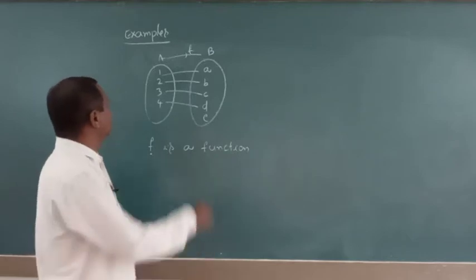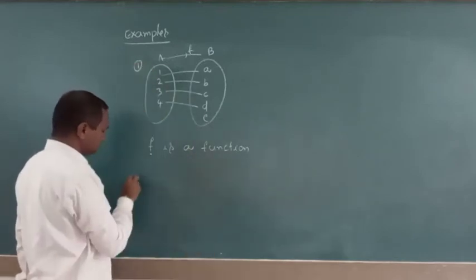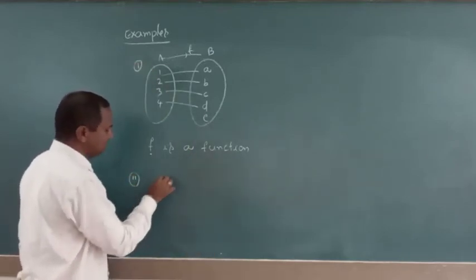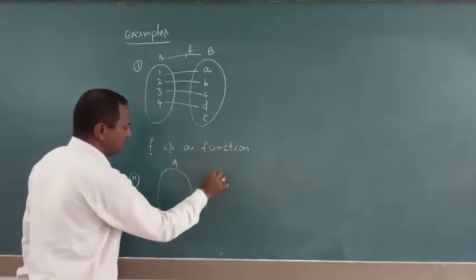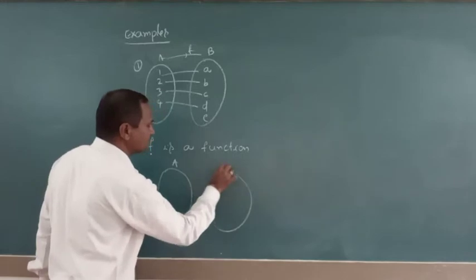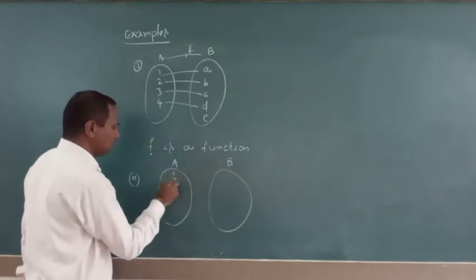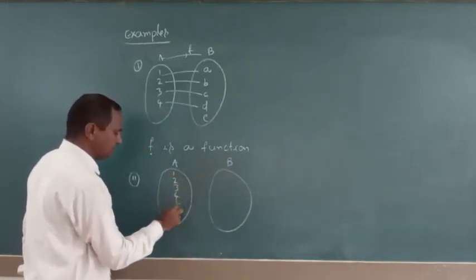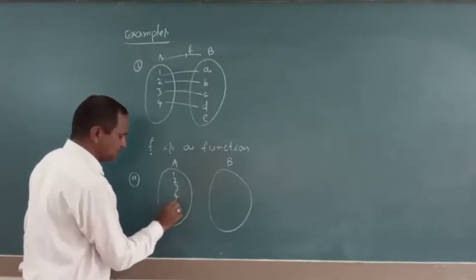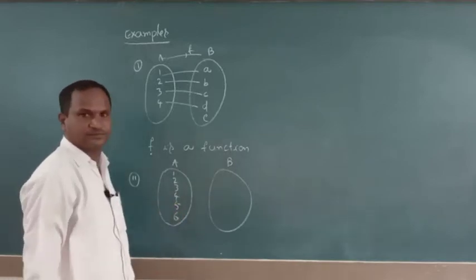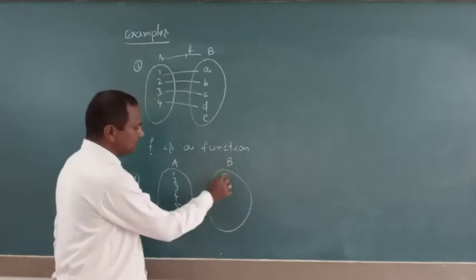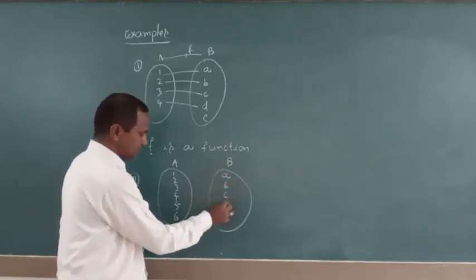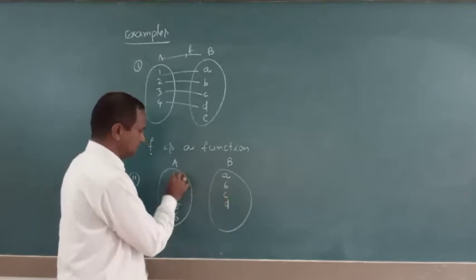Next, second example. Here A is there, and you can take some elements, and B also you can take some elements here. 1 2 3 4 5 6, 6 elements are there here. And A B C D like this.